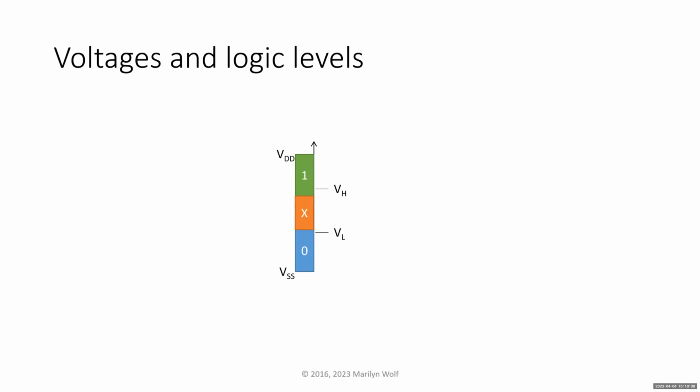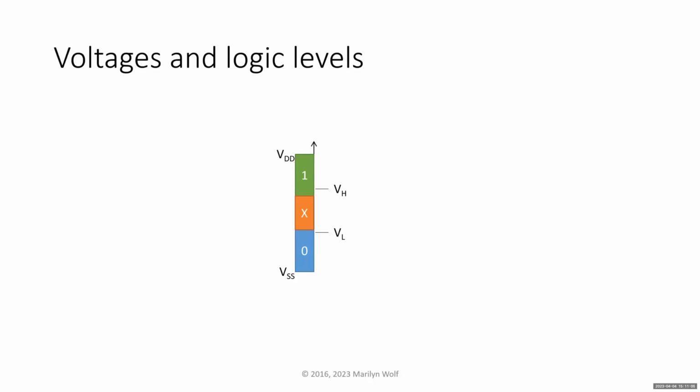We don't want it to end up in the X range, because then we don't know what value the gate is computing. But we do want a separation zone between a logic 1 and a logic 0. We don't want just a tiny amount of noise to send us directly from a 0 to 1.